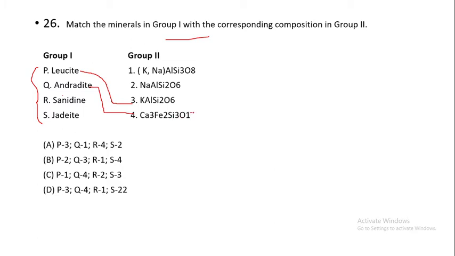Next is sanidine, potassium, sodium, aluminium, silicate: KNaAlSi3O8. Finally, jadeite, it is sodium, aluminium, silicate oxide: NaAlSi2O6. So by knowing the chemical composition, we will be able to answer this question well.